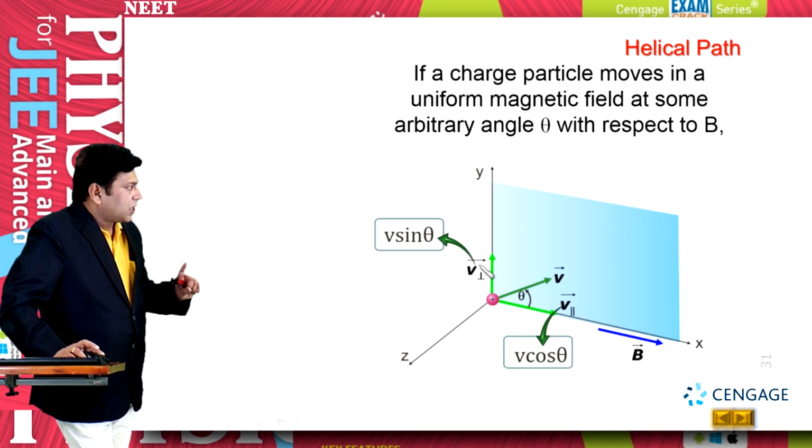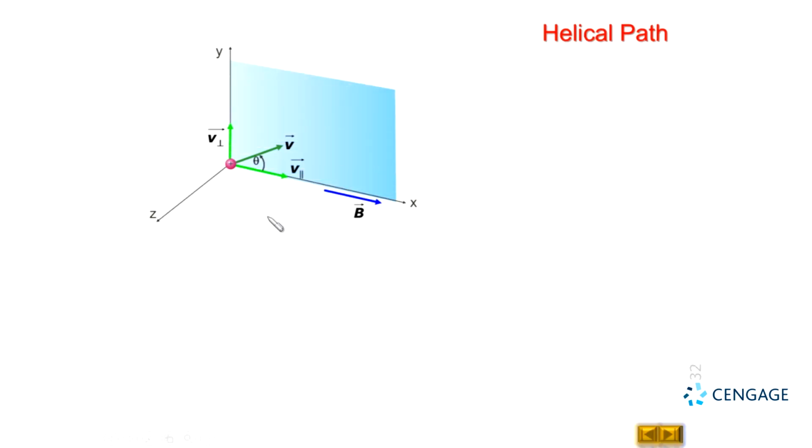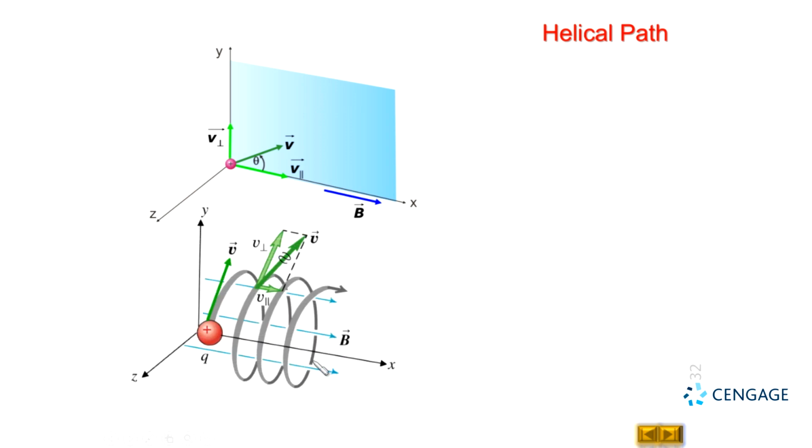Because of these components of the motion, v perpendicular and v parallel, the motion of the charged particle will not be circular and it will be helical about the direction of the field, like this.